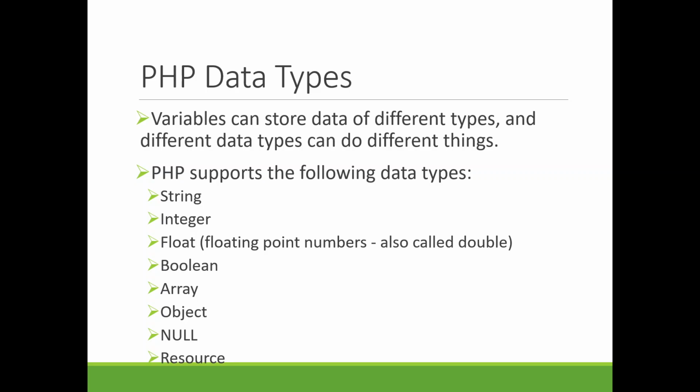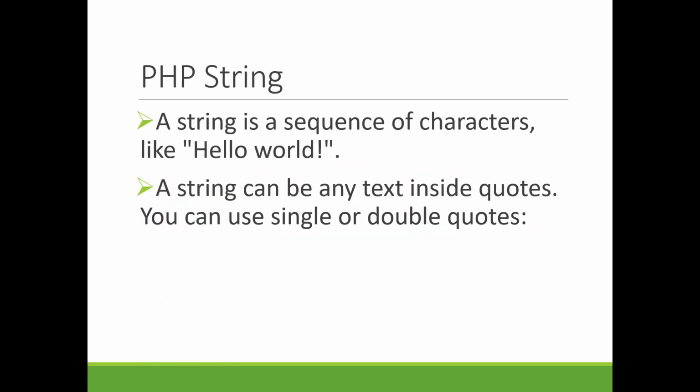Now PHP supports the following data types: string, integer, float, boolean. We also have array. We also have objects if you create a class, an interesting one called null, and we also have resource. So let's just have a look into some of these.